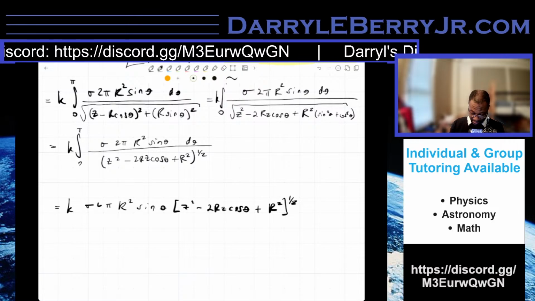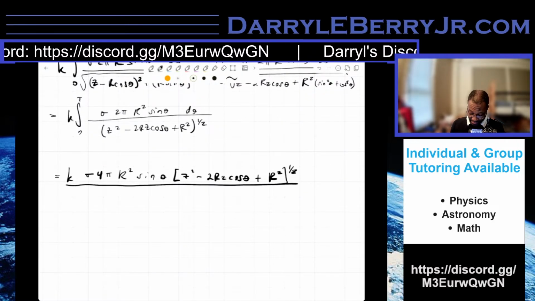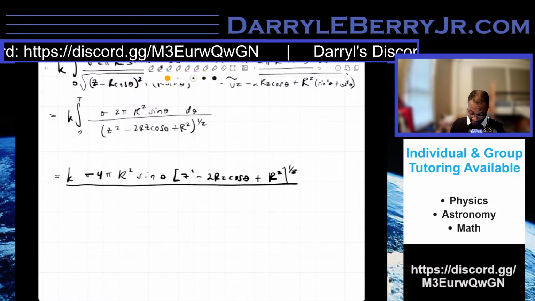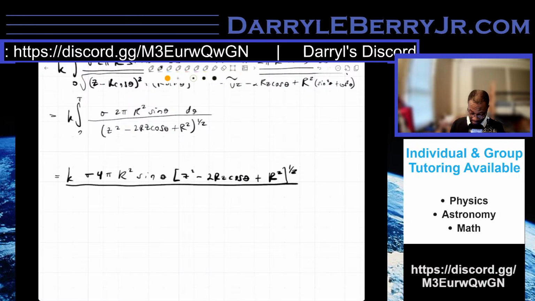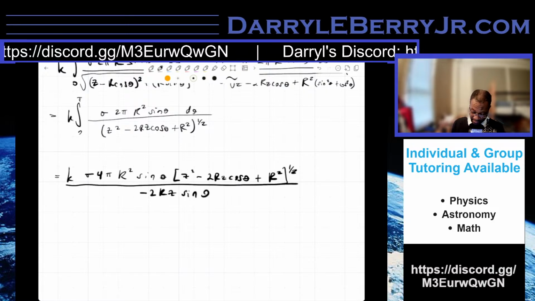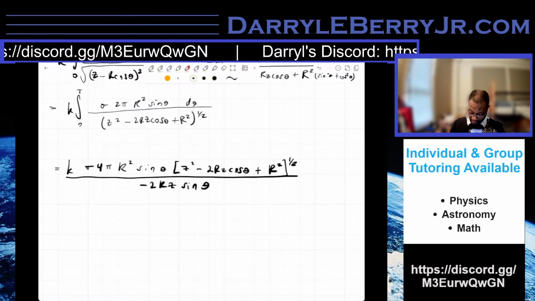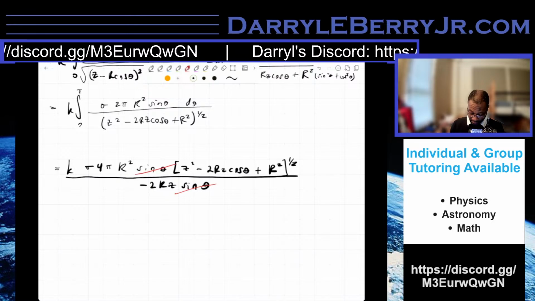I have to multiply that by 2 and then divide by negative 2rz sine theta, and some of these should cancel.